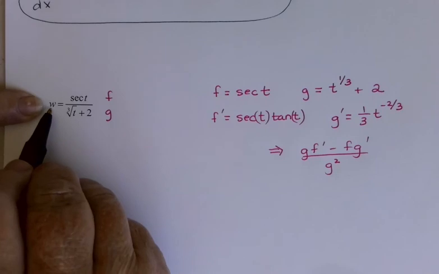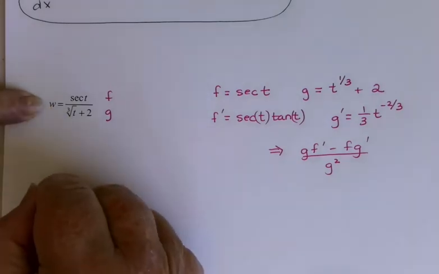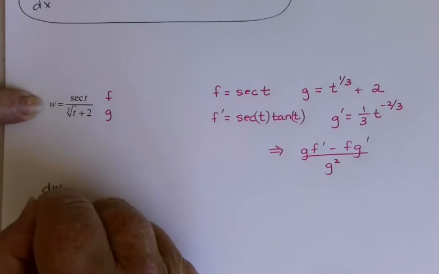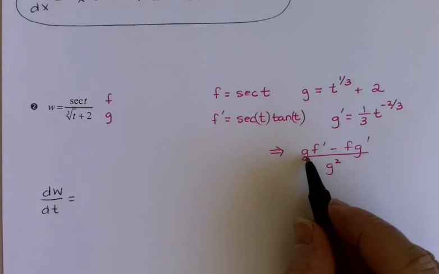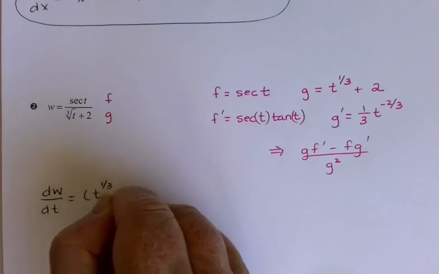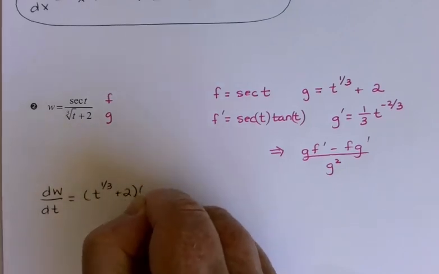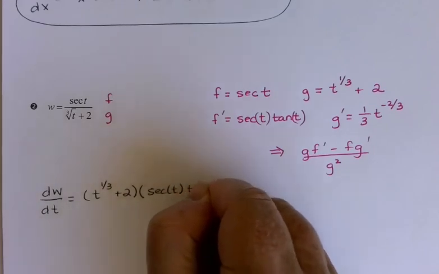Oh, let's see. Leibniz notation this time would be dw dt. And again, you can also use w prime. I'm just practicing this a bit with us. So gf prime: g, t to the 1/3 plus 2, f prime, secant t, tangent t.